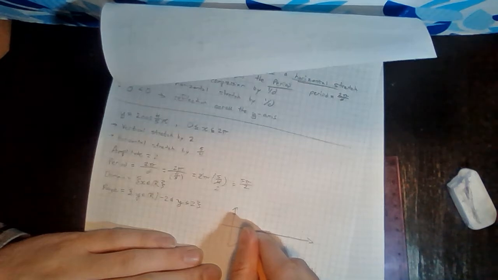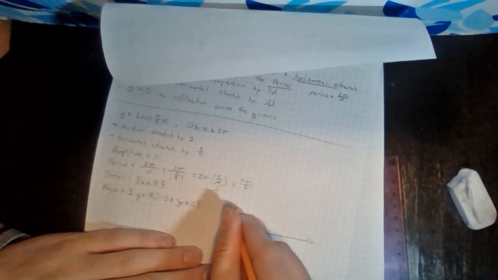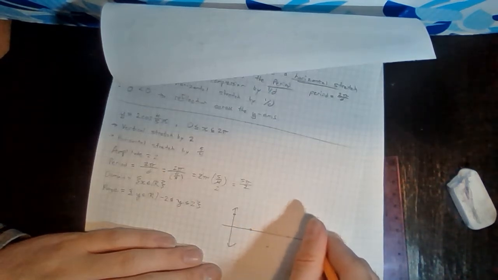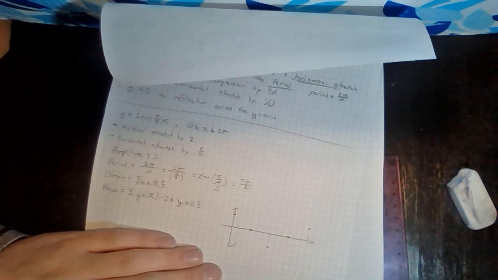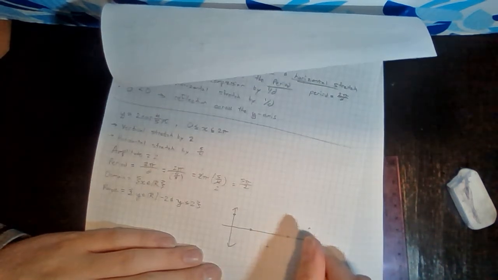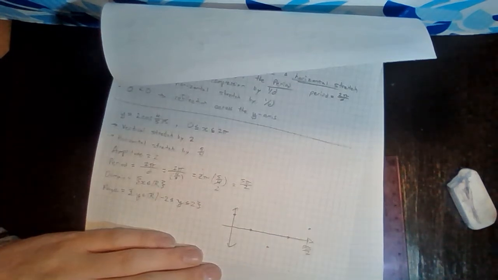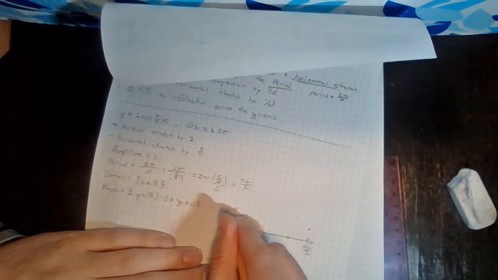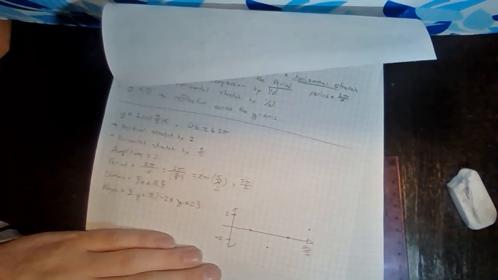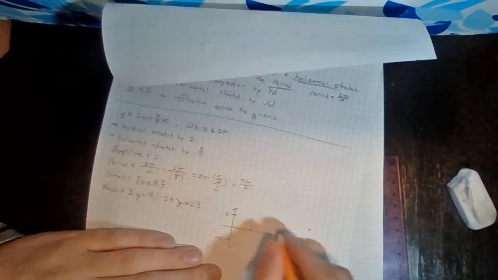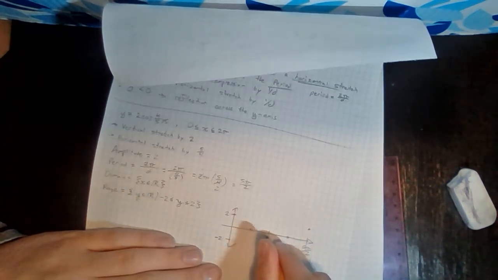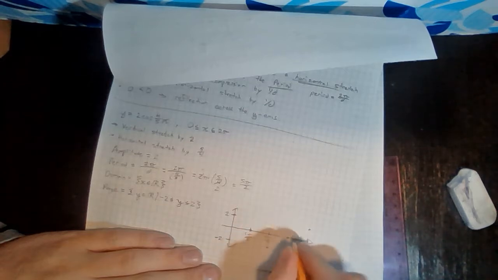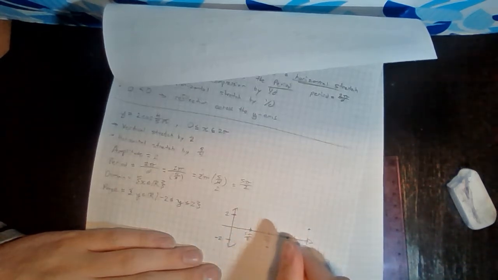We're going to get this general shape of starting at our maximum, axis symmetry, minimum, axis symmetry, maximum. Our period has to be 5 pi over 2. Our maximum was 2. Our minimum is -2. This is 5 pi over 2. This has to be 5 pi over 4. This has to be 5 pi over 8. This would be 15 pi over 8.